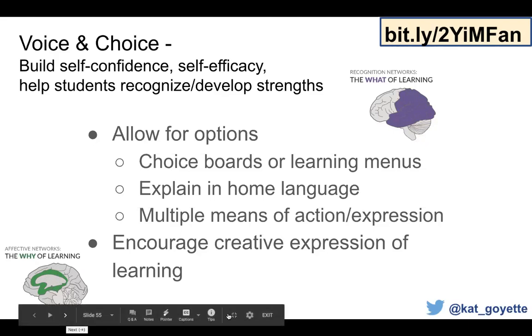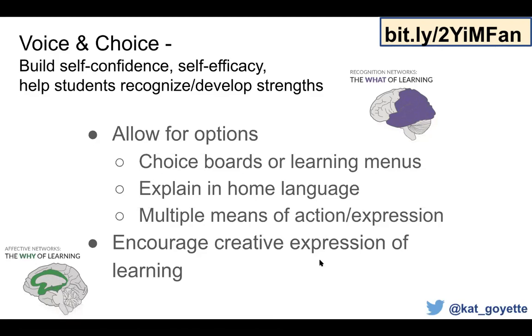And then that creative expression is excellent. There's research that speaks to this, and this actually activates the parts of the brain aligned to universal design for learning. That's what this is from. But there's research that shows that people with mental illness are greatly helped and supported when they're allowed to have creative expression.